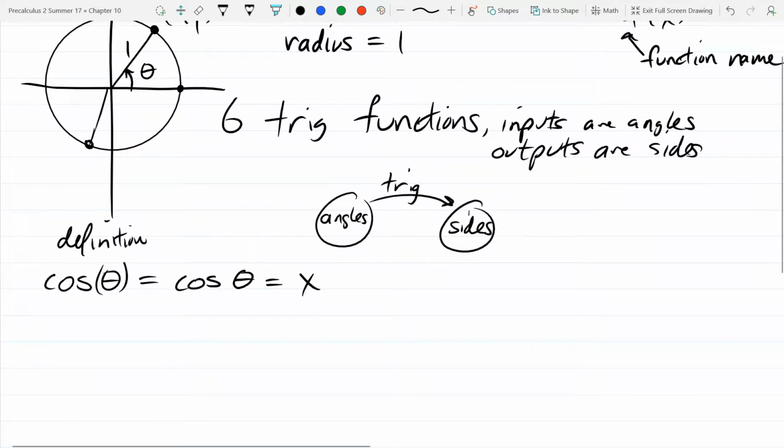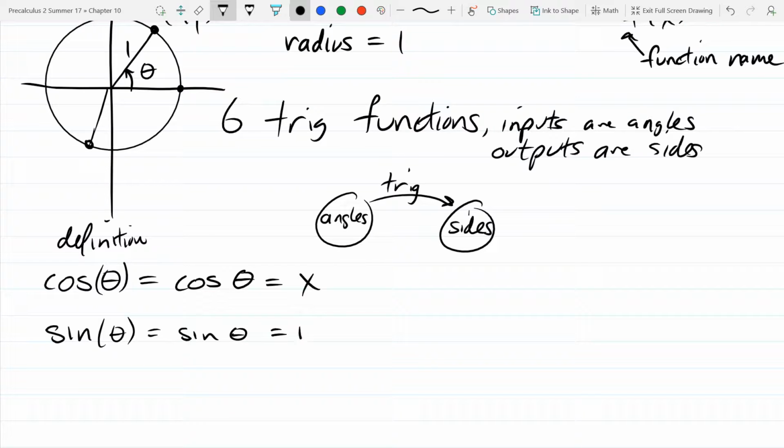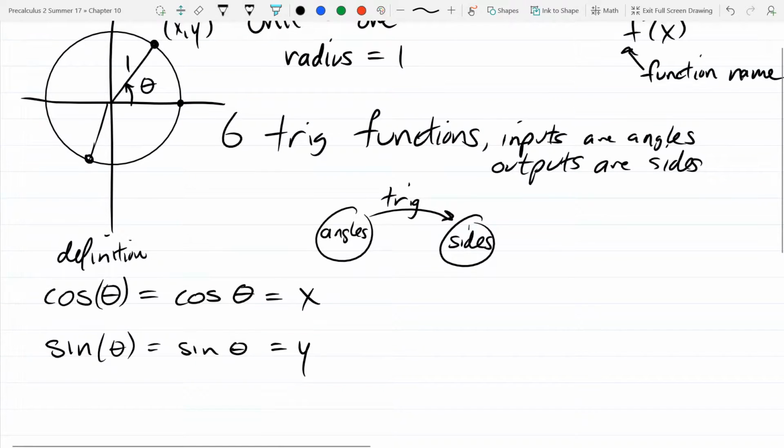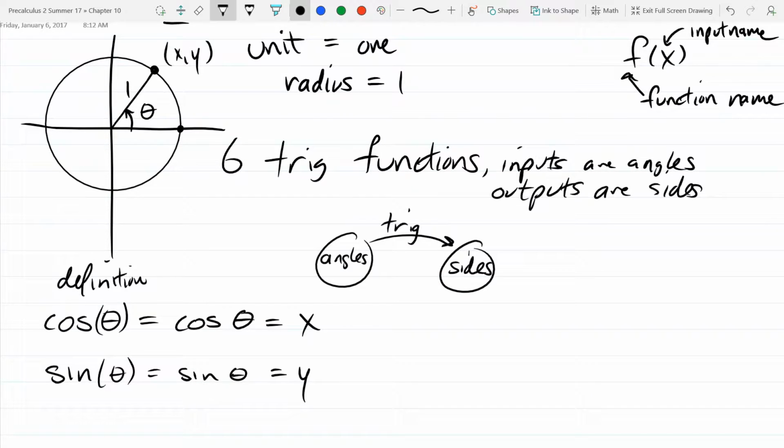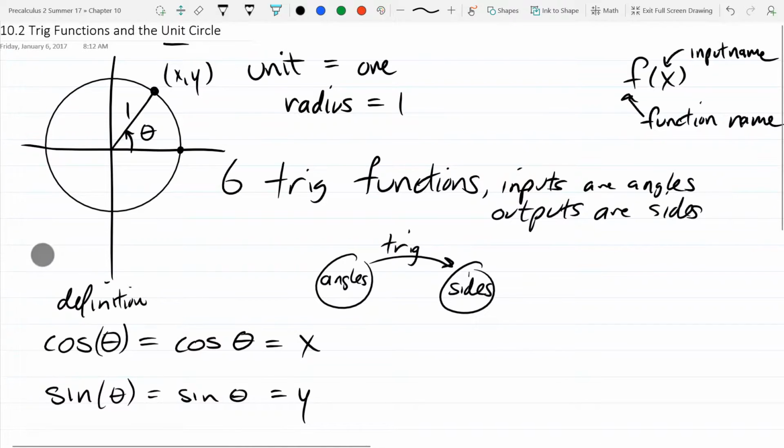So this is our definition for cosine. Sine of theta, which I'm almost always going to write as just sine theta. This is the y. So the y coordinate up here, whatever that y coordinate is of the point, if your angle is somewhere down over here, the y coordinate, you could also write it over here on the y-axis.